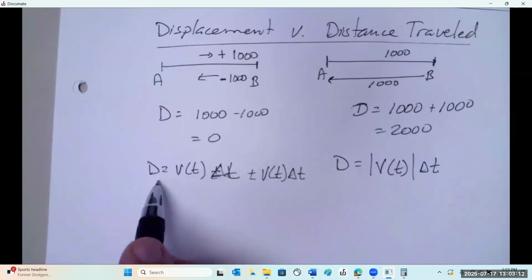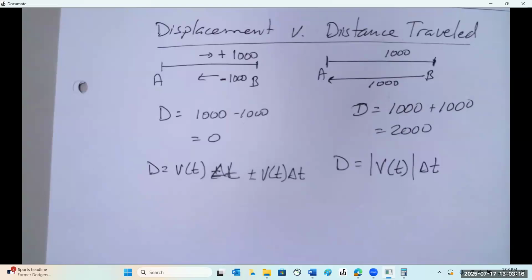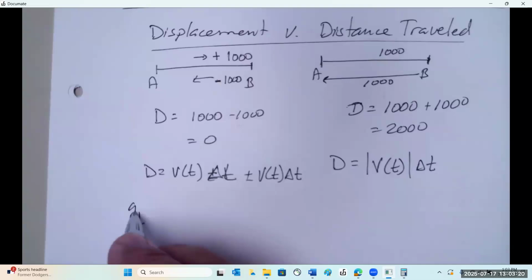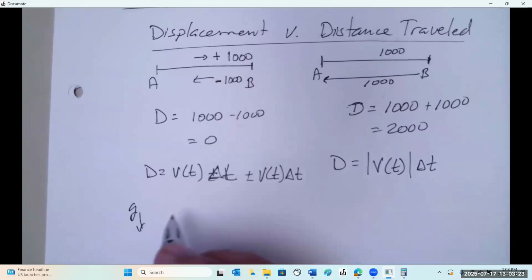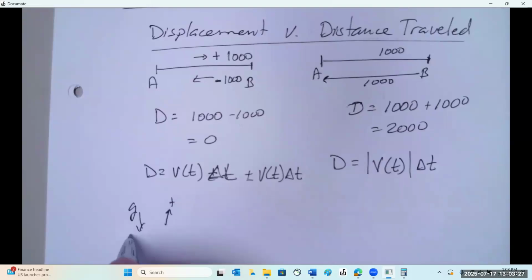So with displacement, you have to allocate a sign in direction. Gravity pulls down, so it's going down as negative. Explosion goes up, so it's positive. So you can know what is your exact displacement?